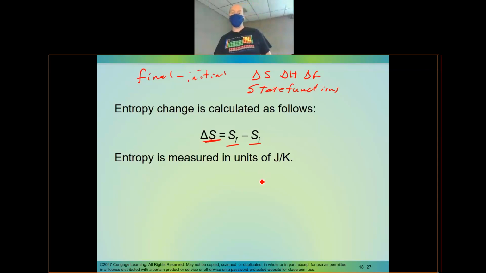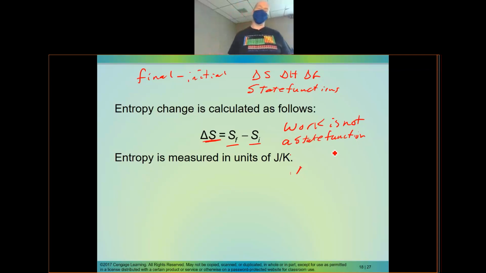What is not a state function, and you'll never see a delta W, is work, because work is not a state function. So if you were coming to class and you started at main campus and you're coming to North Campus, that would be the least amount of work that you could do. But if you're hungry and you stop at McDonald's, then you're going to do a lot more work.